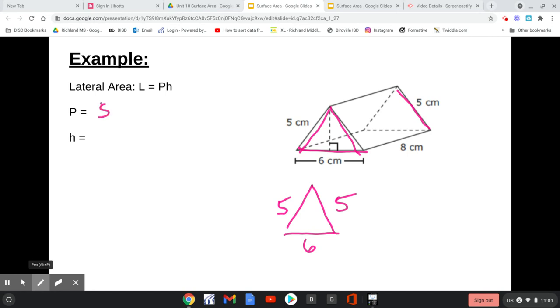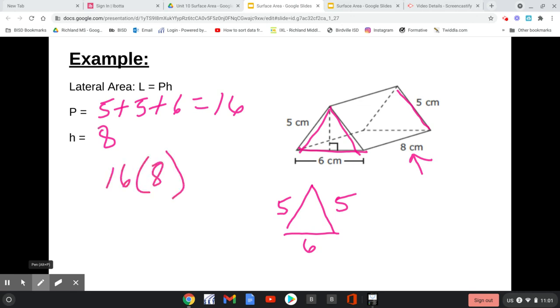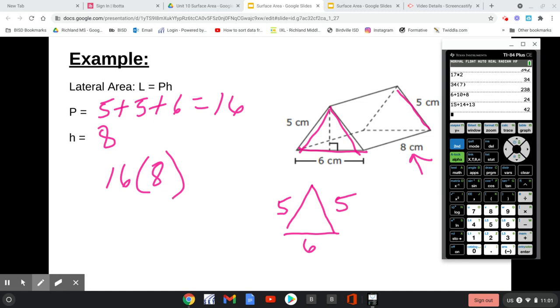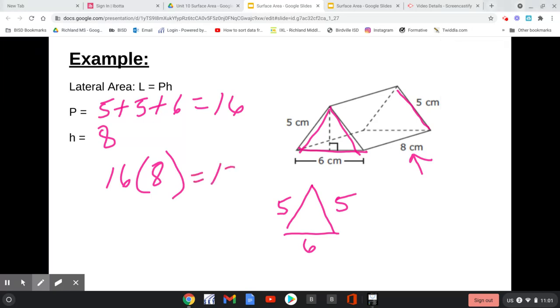So perimeter is 5 plus 5 plus 6 equals 16. And the height of this thing is 8. So 16 times 8 is going to give me 128. So your answer is 128.